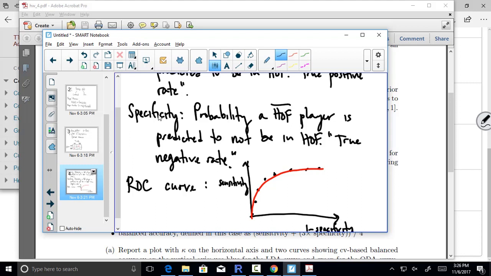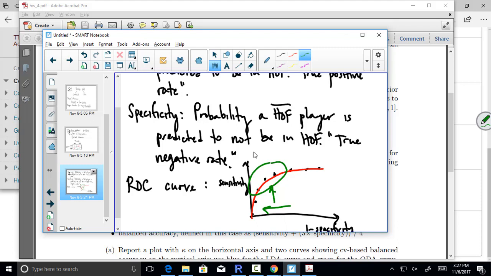You would answer that by saying, I want specificity to be high, which means I want 1 minus specificity to be low, and I want sensitivity to be high. So I'm looking in this region there, upper left. Where in that region do I get the most bang for the buck, sort of? You'll get an example of doing that with your homework.